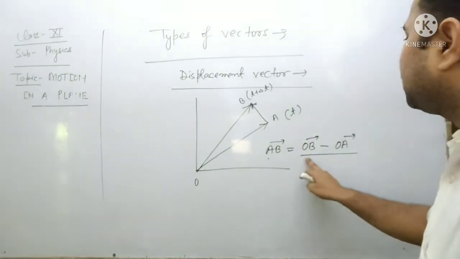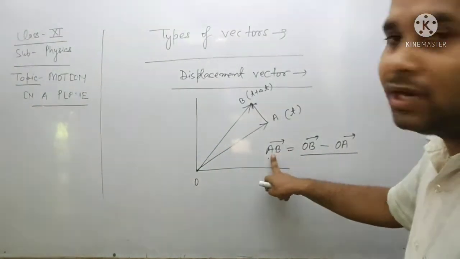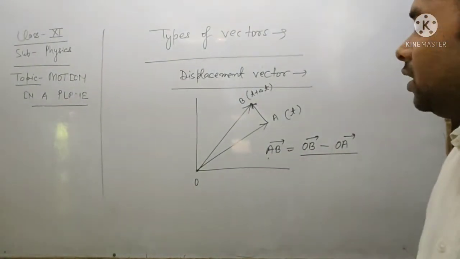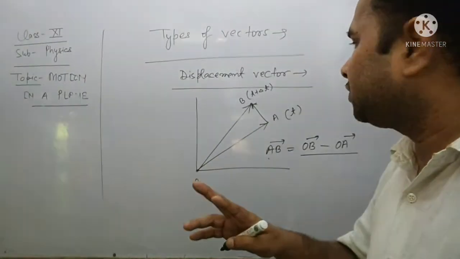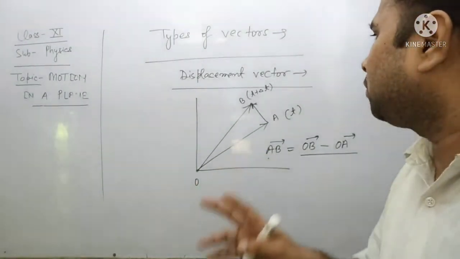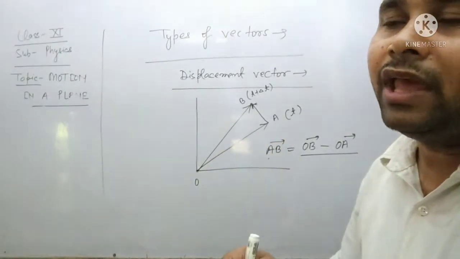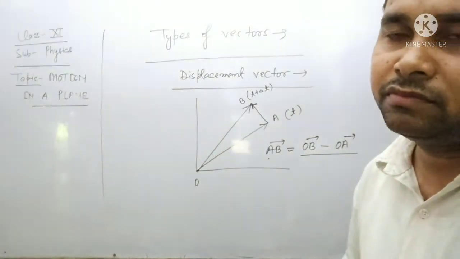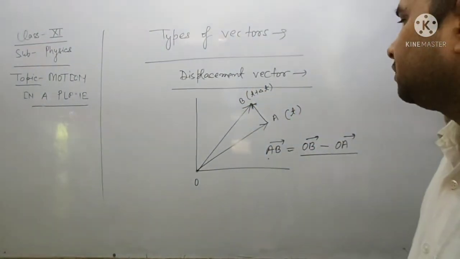So final position minus initial position vectors gives you the displacement vector AB. And the AB vector gives you information about the body: in which direction it is moving and how much, direction and displacement both. So this is called the displacement vector.